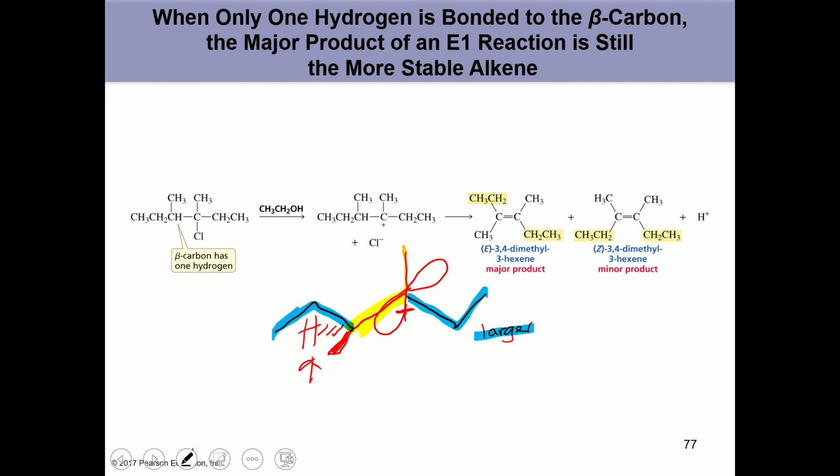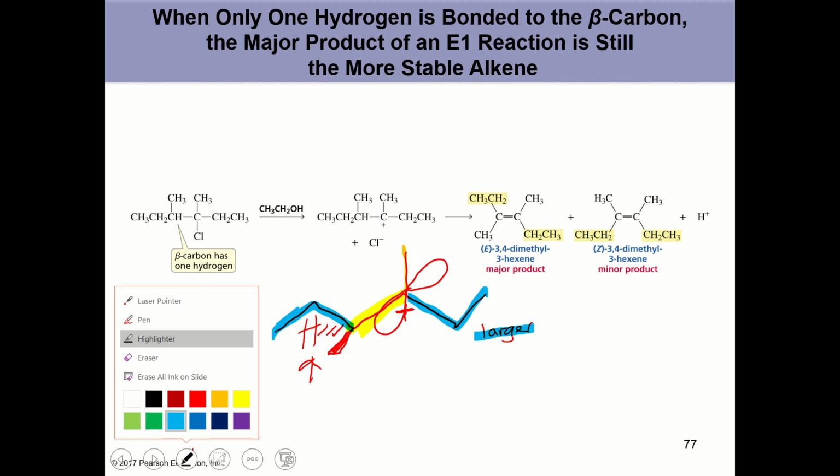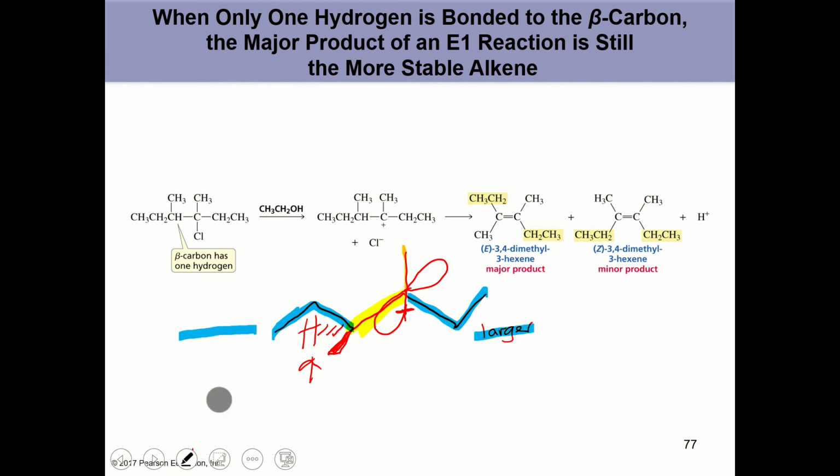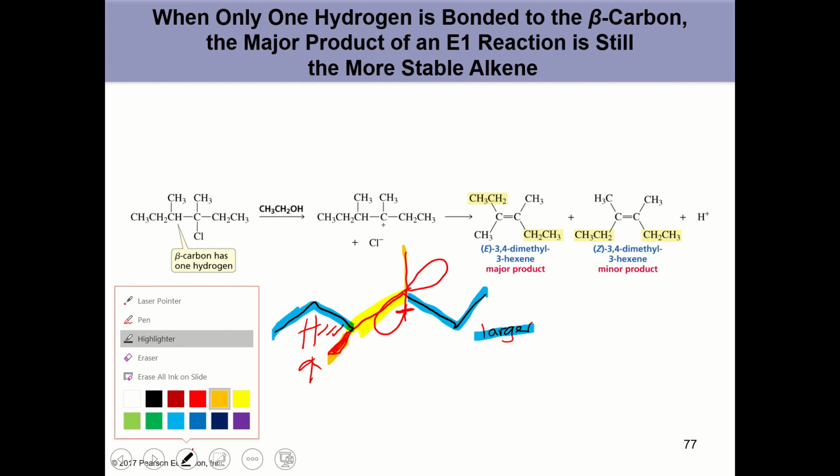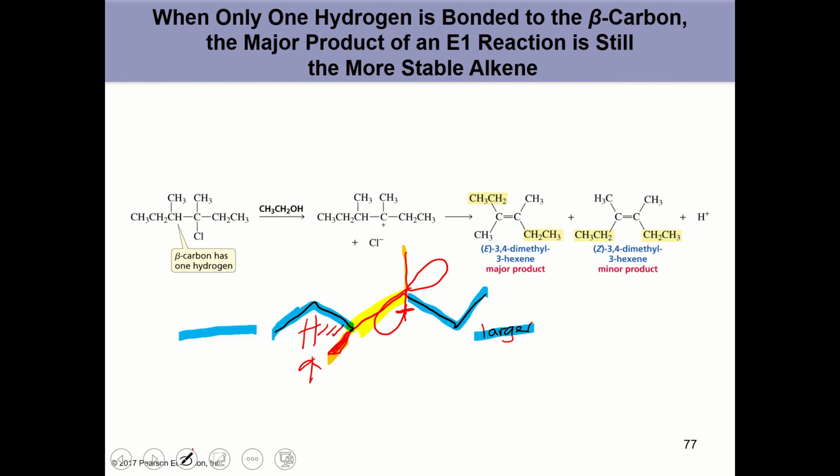And the yellow line is where the new bond will form. So the most stable conformer will have the two largest groups on opposite sides, and these two small methyl groups on opposite sides. And that gives us the E isomer.